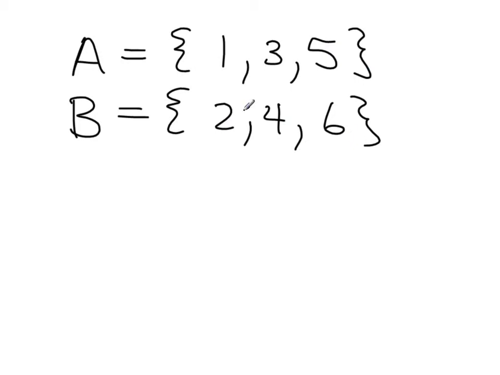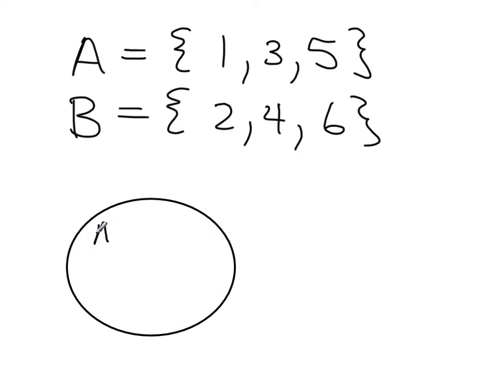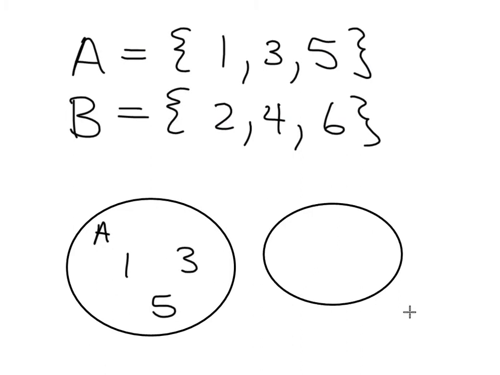Now, when I draw my little Venn diagram, here's A, with 1, 3, and 5 floating around in it. Now B, if you notice, is 2, 4, 6. I don't have to draw an overlap here because there is no overlap.